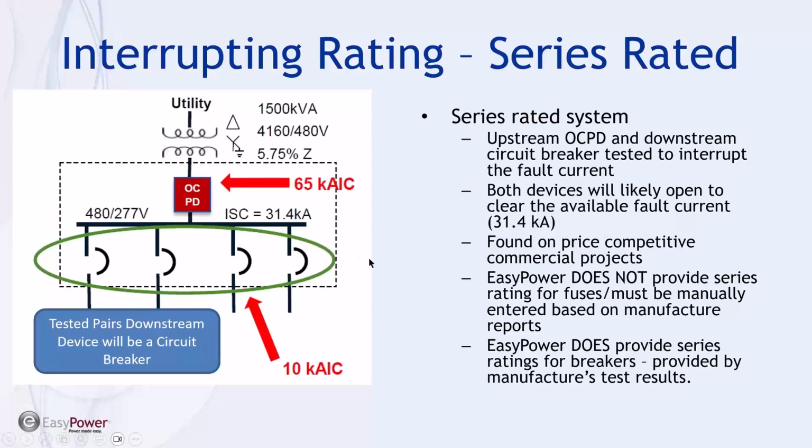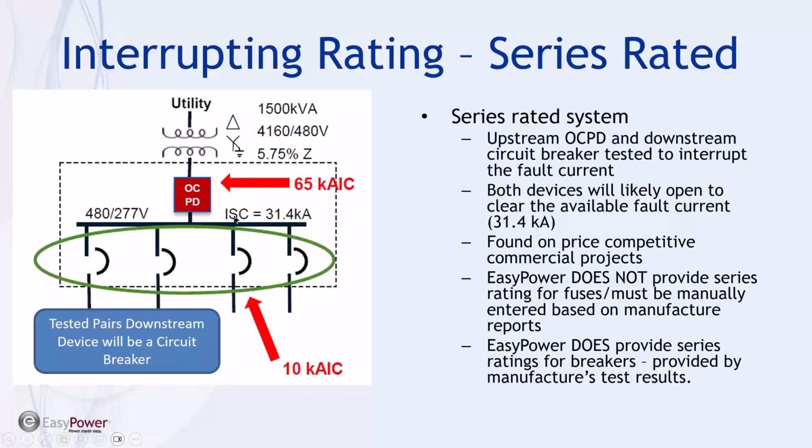Now, it's likely that if we had a downstream fault at any one of these feeders, both devices would trip. So we've lost coordination as a result of that, but we've eliminated the need to have a fully rated device downstream. And so according to conventional wisdom, this type of arrangement is found on price competitive commercial projects.